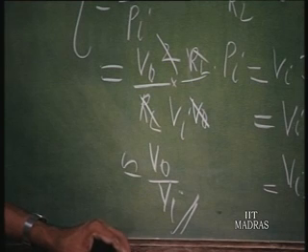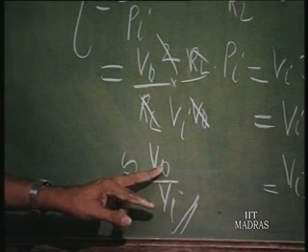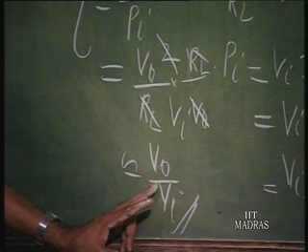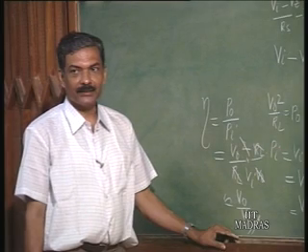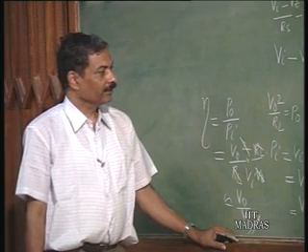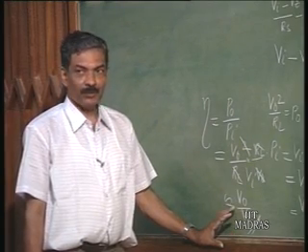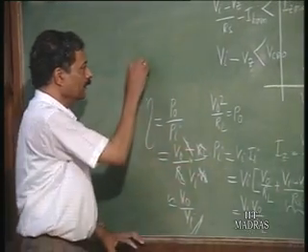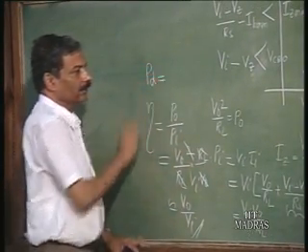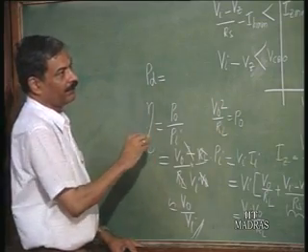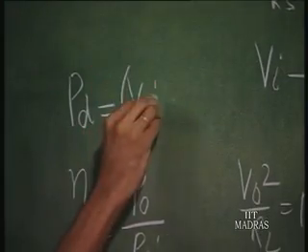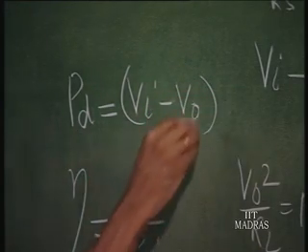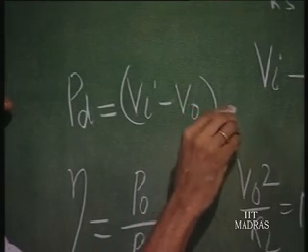It is essentially a ratio of output voltage to input voltage. So, the higher the input voltage, the lower is the efficiency. This is one factor to be borne in mind. The power dissipated in the transistor is nothing but the V_CE of the transistor, which is (V_I minus V_naught) into essentially V_naught by R_L.